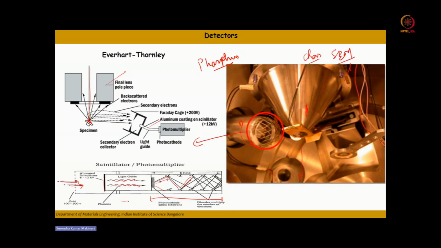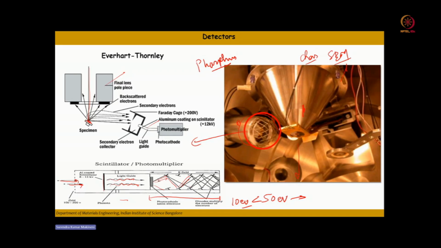Secondary electrons usually have very low energy, from 10 electron volt to 50 electron volt, too low to excite the scintillator. So first they are accelerated by a bias voltage.